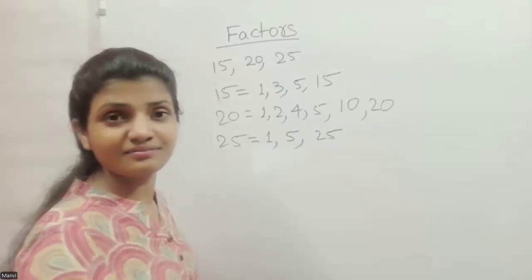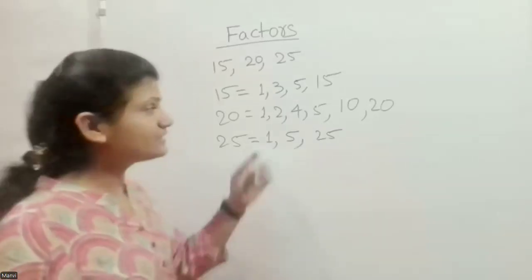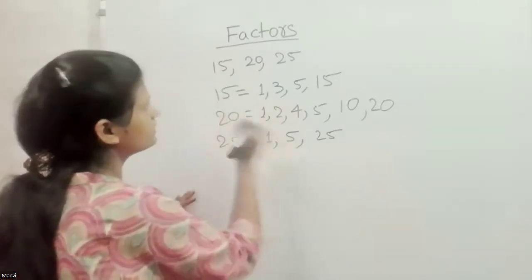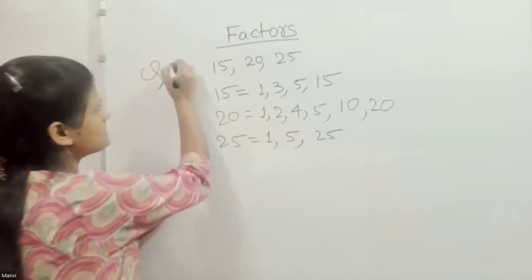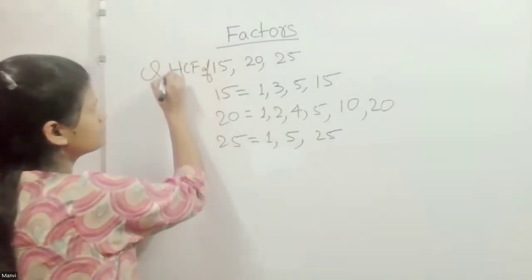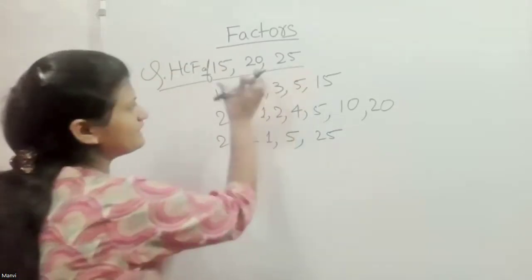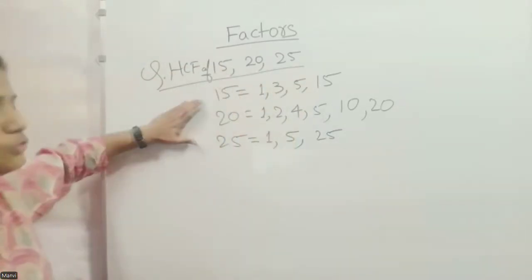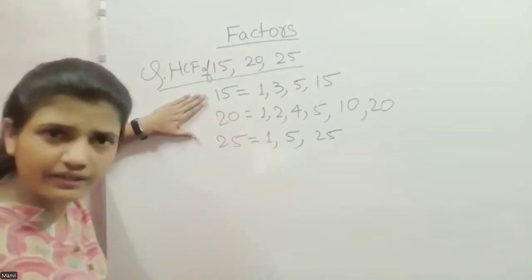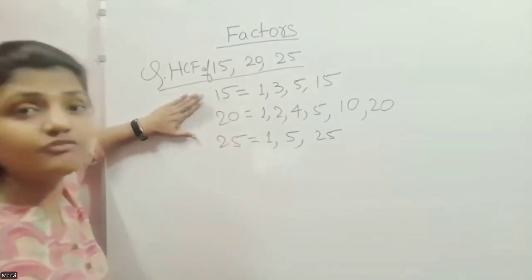Good, Riyans. So after this, what do we need to do? The question asks about HCF, right? For finding the HCF, we first need to find out the factors of these three.